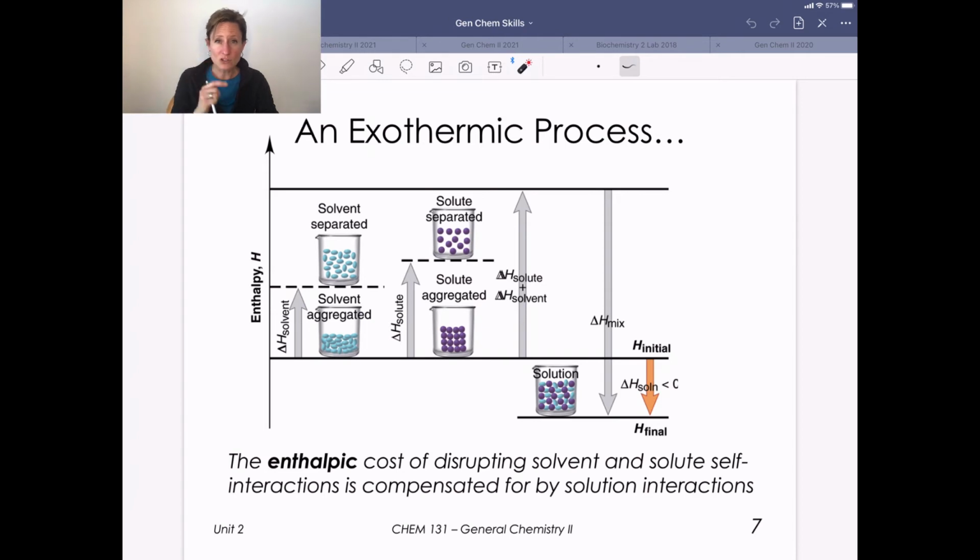This is a thought exercise to have us think about the energetics of this process. We've got to separate old friends in solvent and solute, and then when we mix them together, we're going to have new interactions form. Now in this case, when we add up the two costs, this is the net of the two costs right there. This is the gain. And in this example, our gains are bigger than our costs, so the extra energy is given off as heat in solution. And we'd say that this process is exothermic.